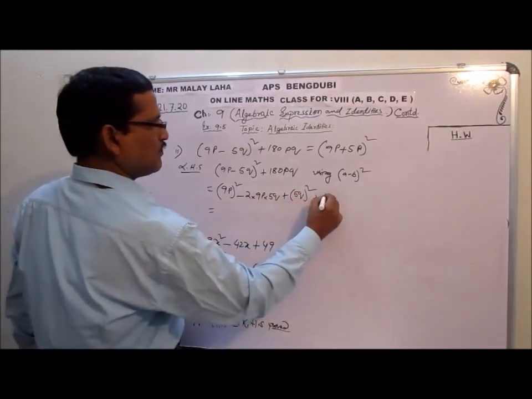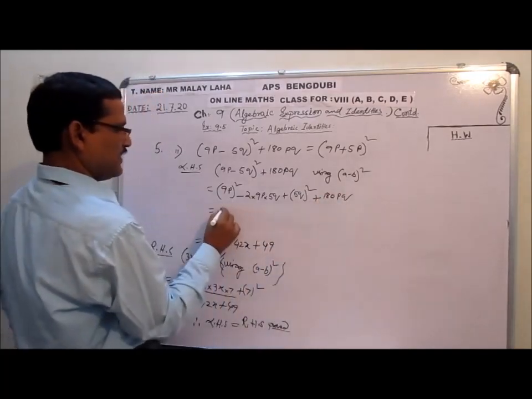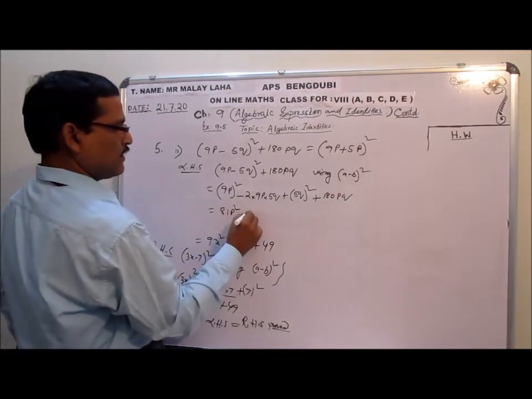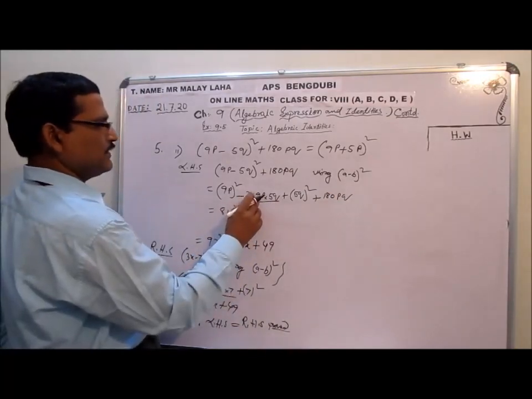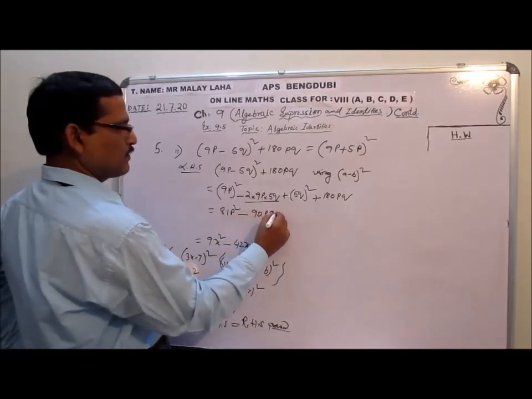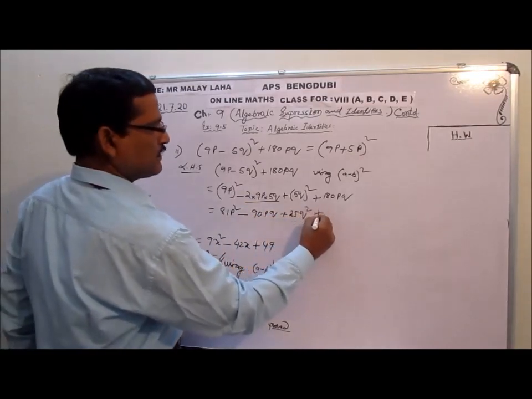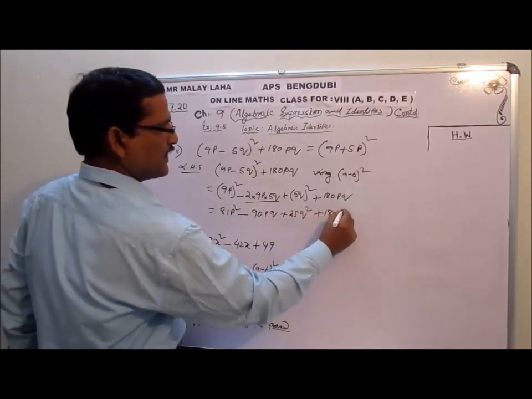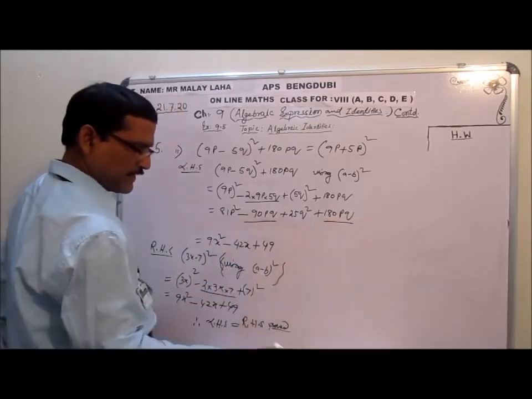And you have to write down 180pq. So 9 9s are 81p square. What is the result? 9 2s are 18, 9 is 90pq, plus 25q square plus 180pq. So this is plus 180pq, this is minus 90pq.